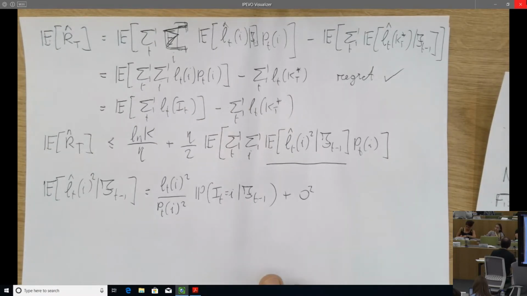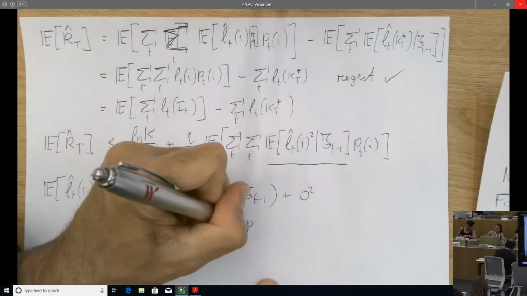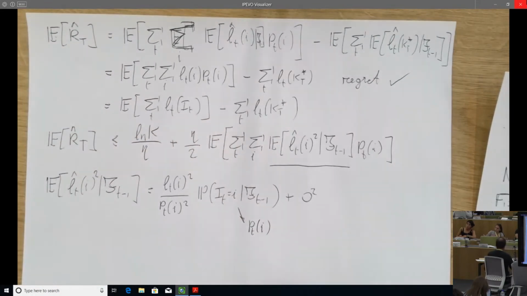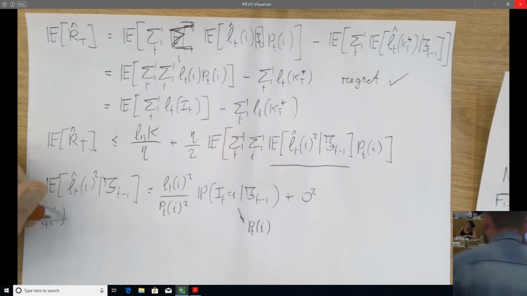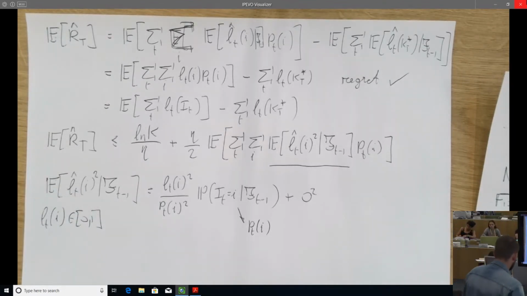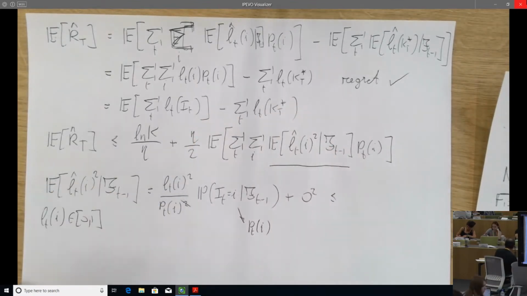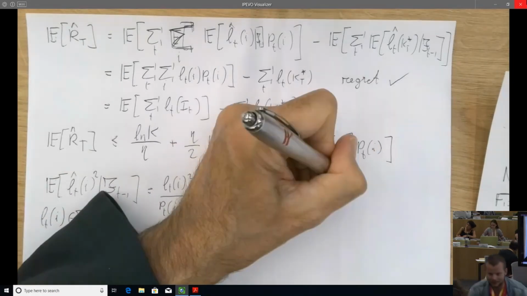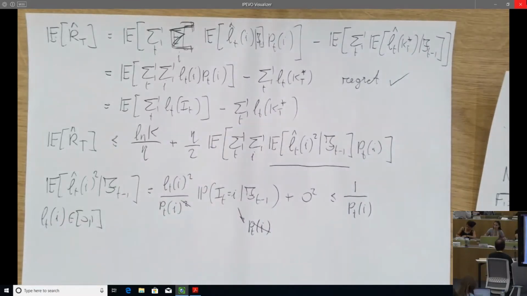Now, as I did before, I notice that this is like P_{t,i} squared, and then I'm using the fact that the original losses are bounded between 0 and 1. So I can upper bound this. At the end, I can simplify one of them with this, and then I can write it as 1 over P_{t,i}.